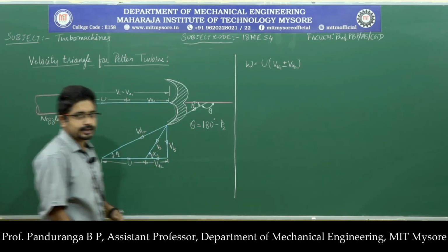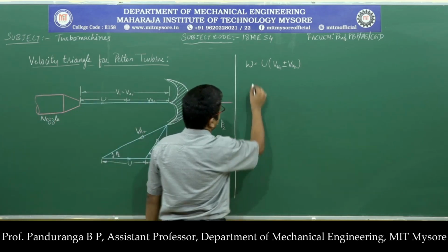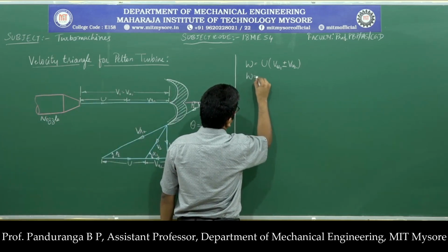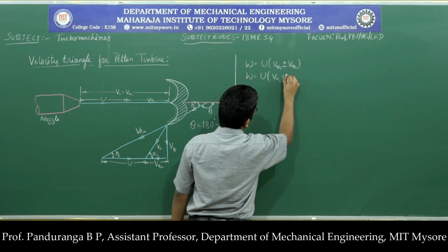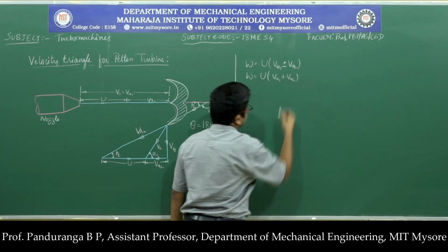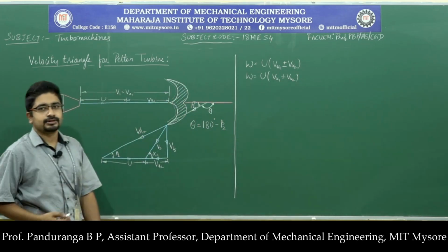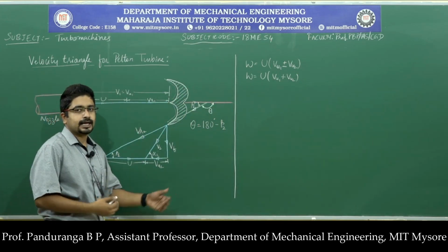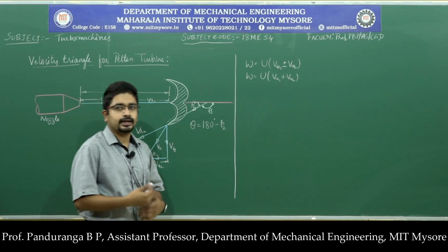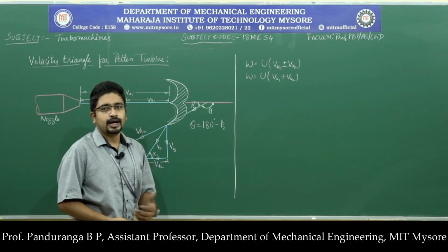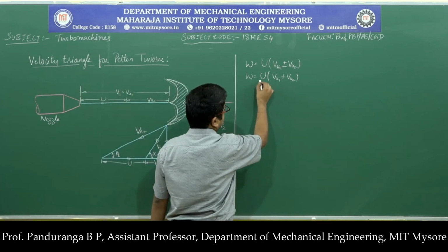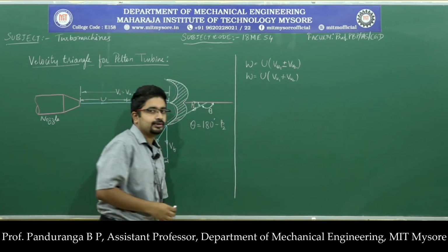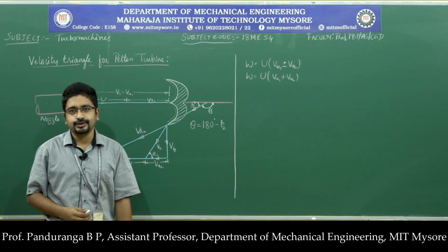They are in the opposite direction. Because of that, for this case, W will be equal to u into Vu1 plus Vu2. If they are in the same direction, then we have to subtract, but since they are in the opposite direction and we are dealing with vectors, we have to add them numerically. So W will be equal to u into Vu1 plus Vu2.